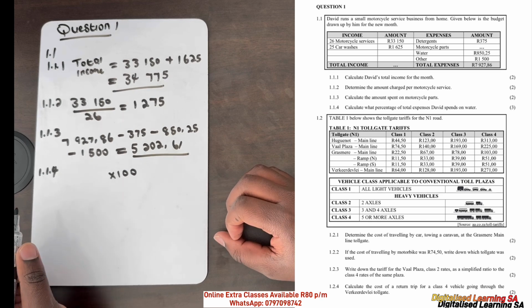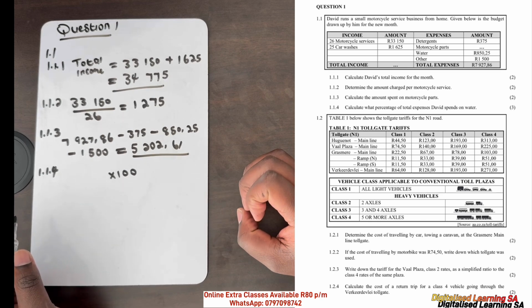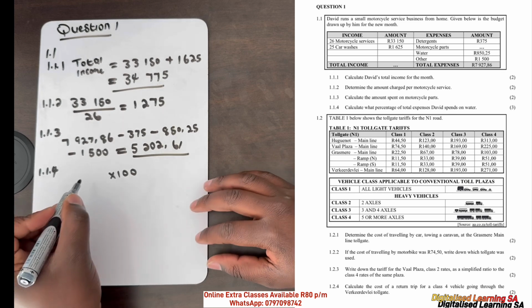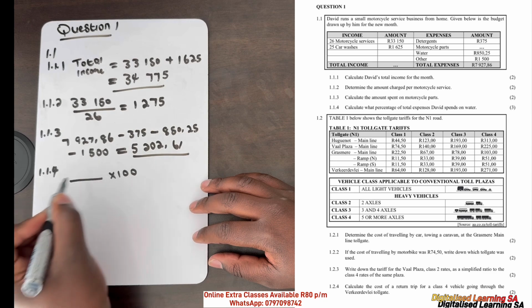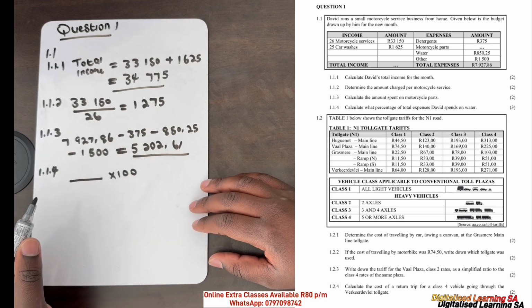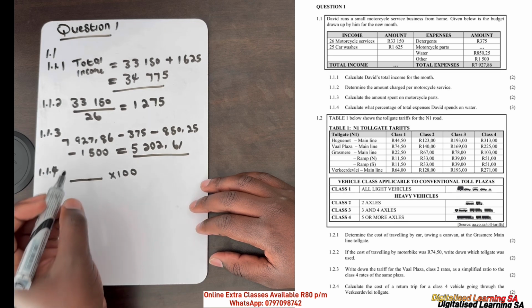Okay, so basically they are saying that on total expenses, what percentage did David spend on water?